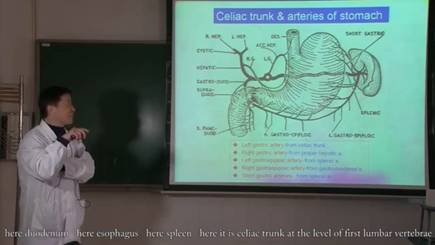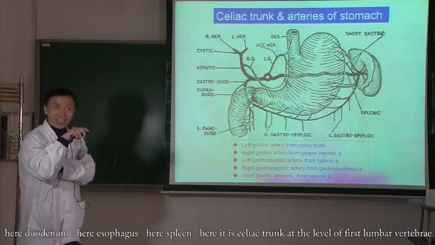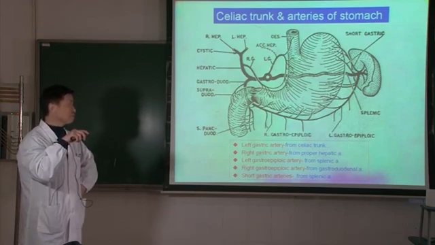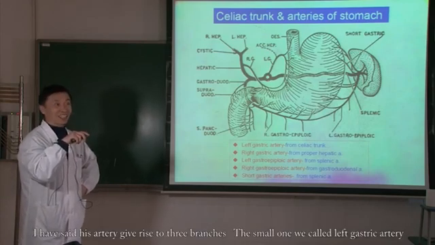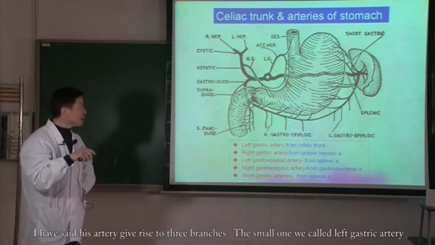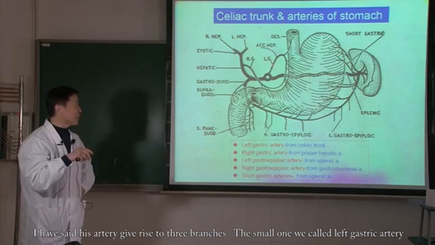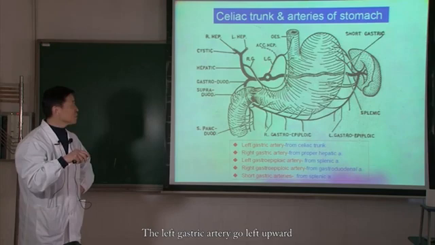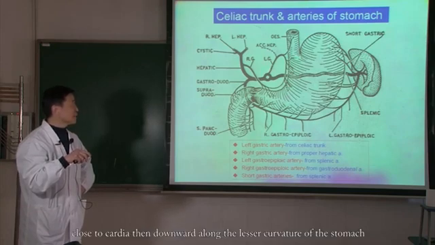Here is the celiac trunk at the level of the first lumbar vertebra. I have said this artery gives rise to 3 branches. The small one we call the left gastric artery. The left gastric artery goes to the left upward, close to the cardia, then downward along the lesser curvature of the stomach.